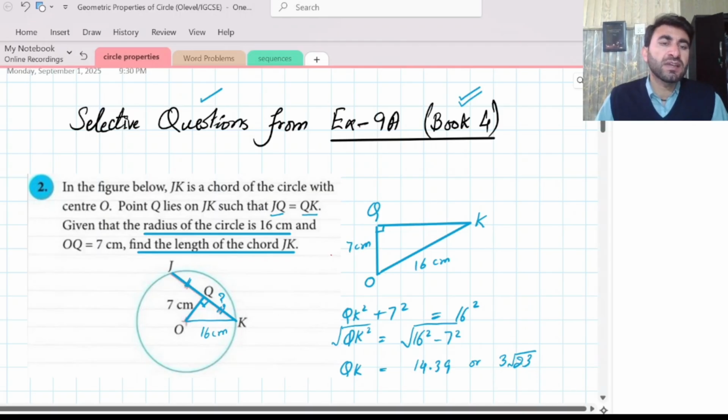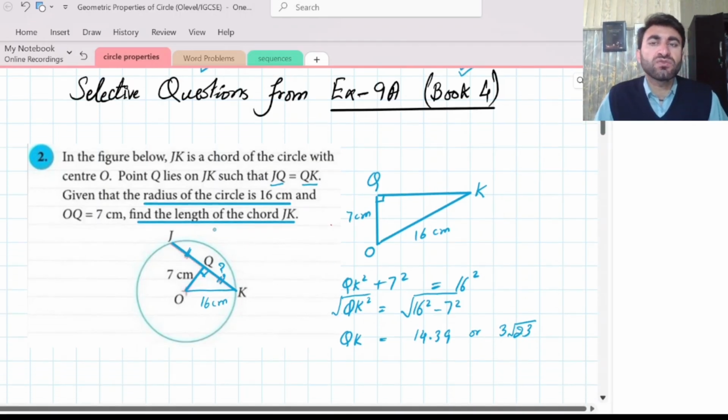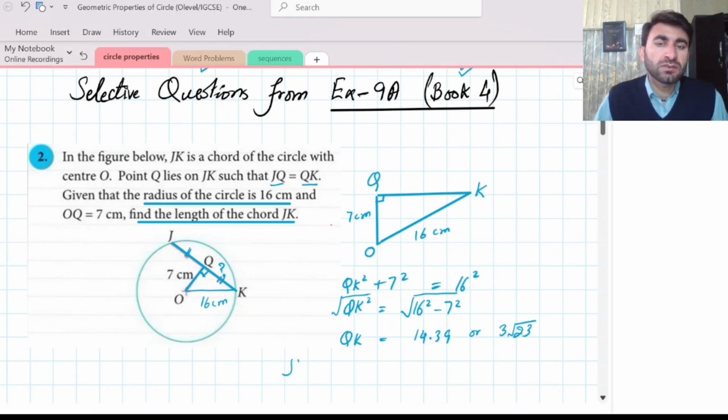That is the value of QK. As we have to figure out the value of chord JK, which is basically double of this, the length of chord JK equals 2 times 14.39, or I can also say that it is 2 times 3 times the square root of 23.